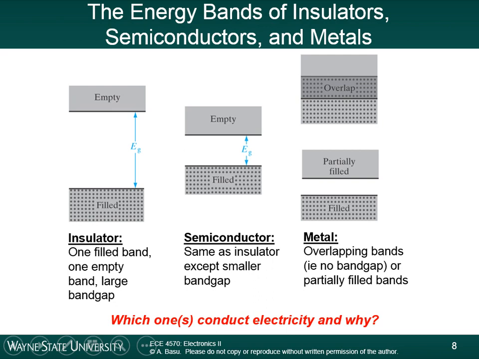Another example is if we have a material that has a partially filled band for other reasons. In this particular example, we could say that this upper band conducts electricity. It's partially filled. It's an overlapping band. This is partially filled also, so it conducts electricity. And in this case, this band is completely filled, so this one does not.